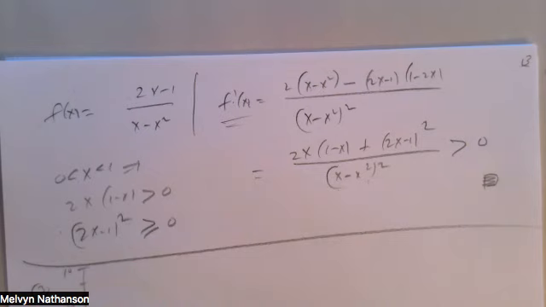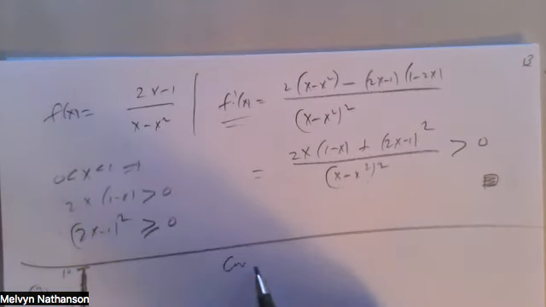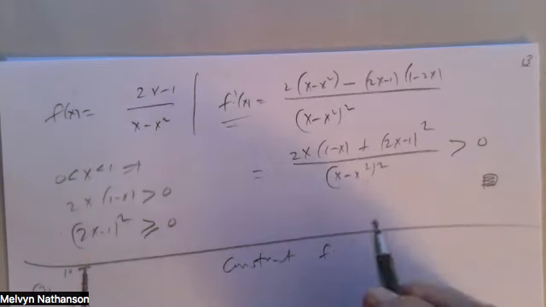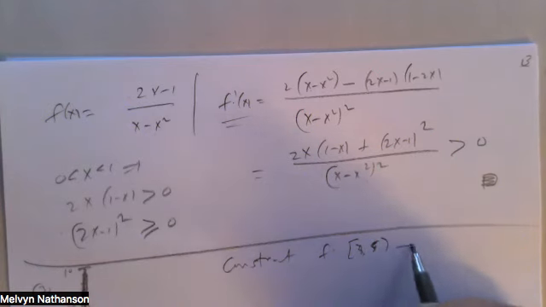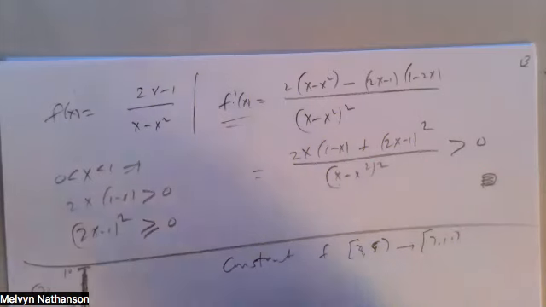We have the closed interval from 3 to 5, and we have the closed interval from 7 to 10. So we want to construct a one-to-one correspondence F from 3, 5 to 7, 10. Now, there are lots of functions that will do that.